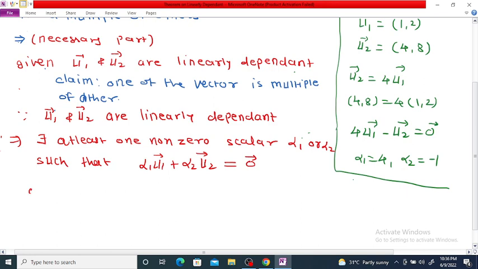Now let us assume that alpha 1 is not equal to 0.